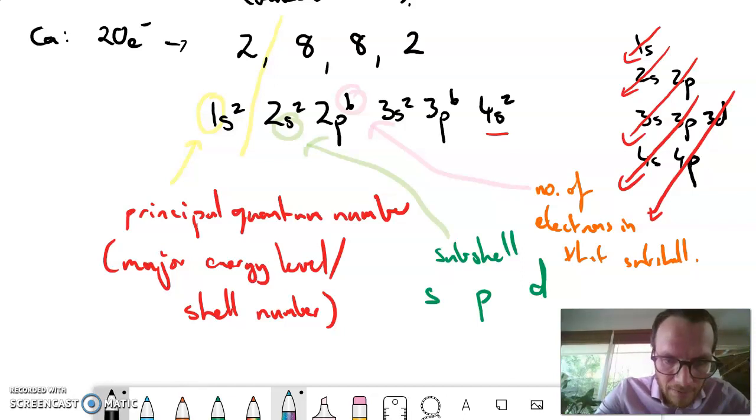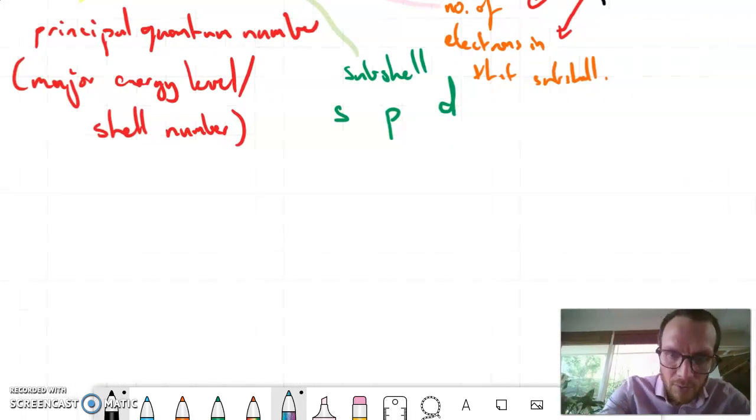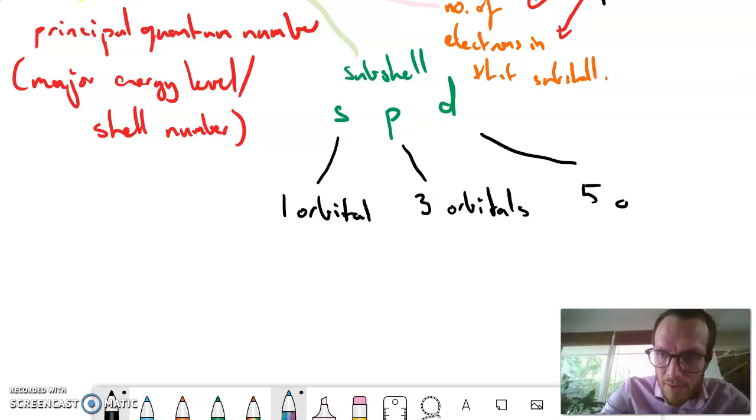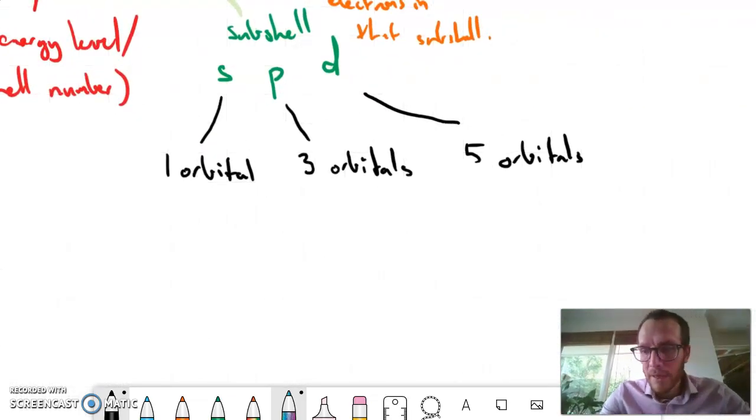So coming back to these subshells, in an S subshell we have 1 orbital. In a P we have 3 orbitals. In a D we have 5 orbitals. And an orbital is a region of space which electrons occupy.